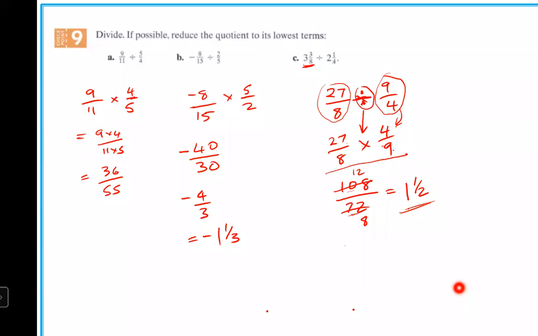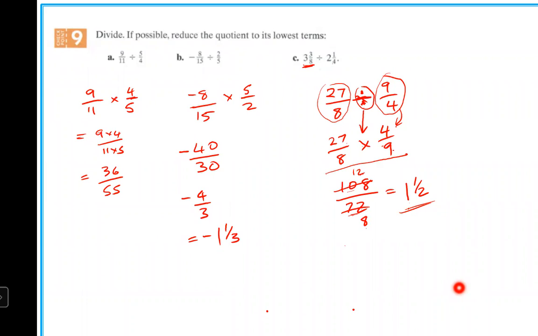You reduce 108 over 72 to lowest terms and you get 1.5. Now, what she did, she used 9. 9 into 108 goes 12 times, and 9 into 72 is 8.